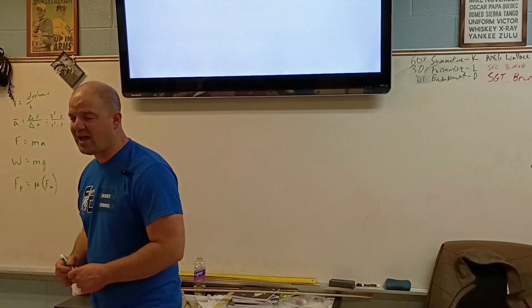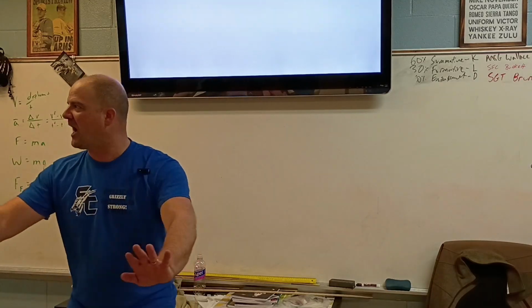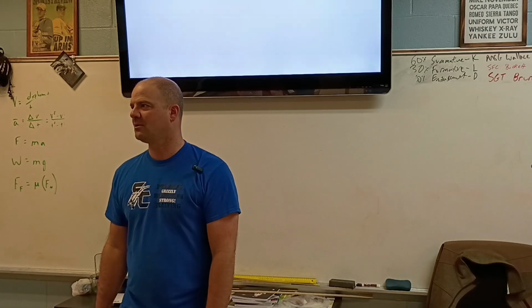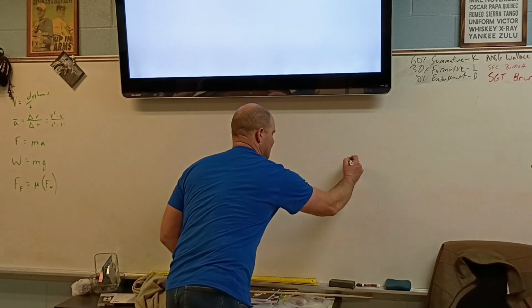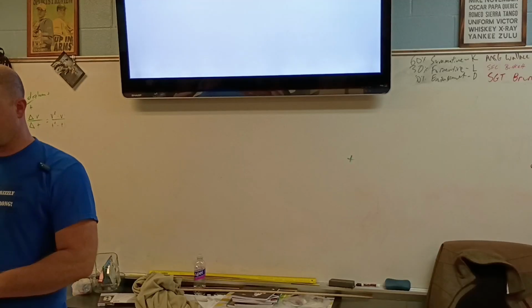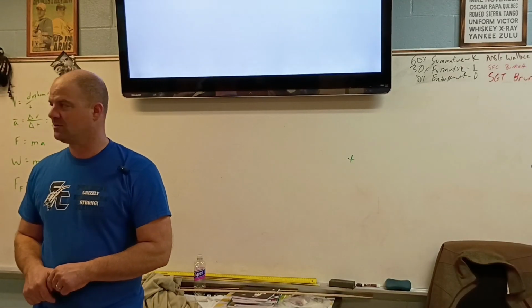Number 1 says we have a car speeding up. Stop. What should our answer be as far as the number? From 5 meters per second to 25 meters per second.